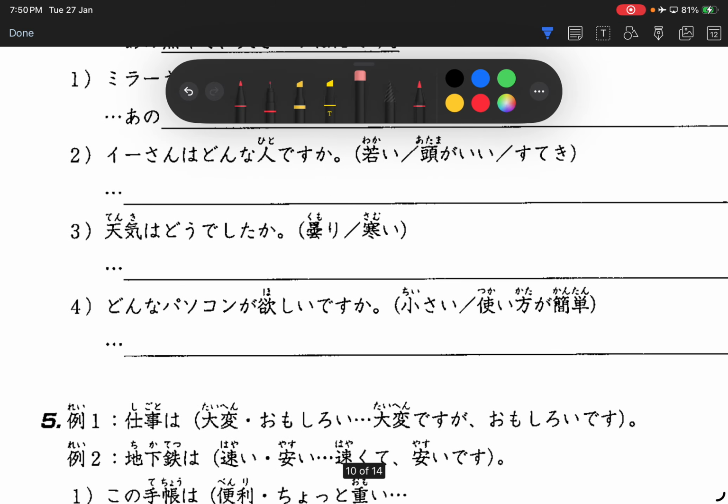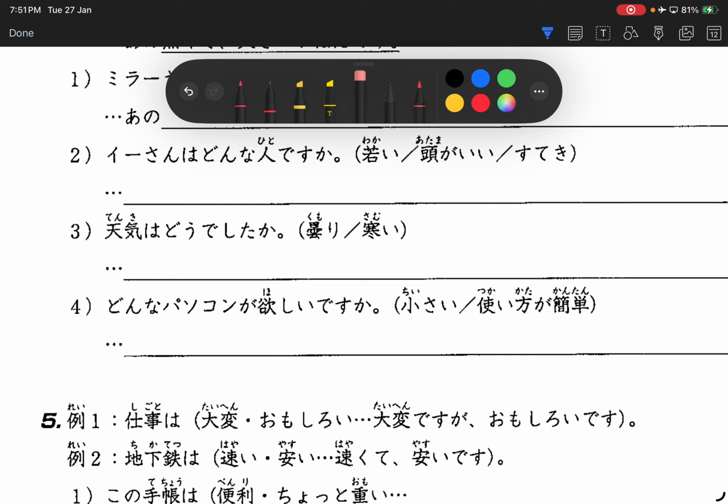Number 3. 天気はどうでしたか？曇り。曇って？Okay, I give you the easier way out, you swap the two positions. でした。Past tense what?